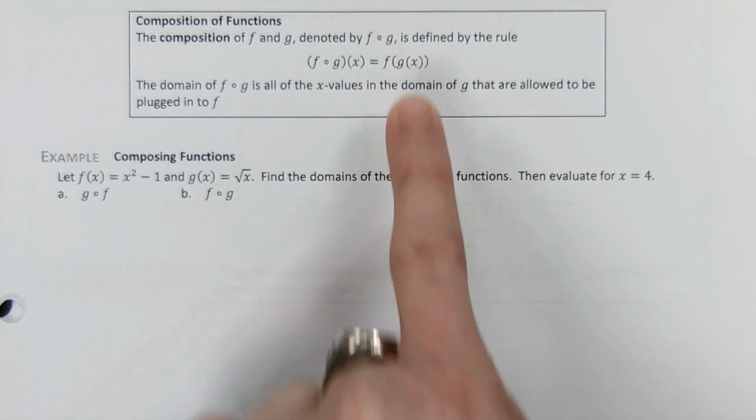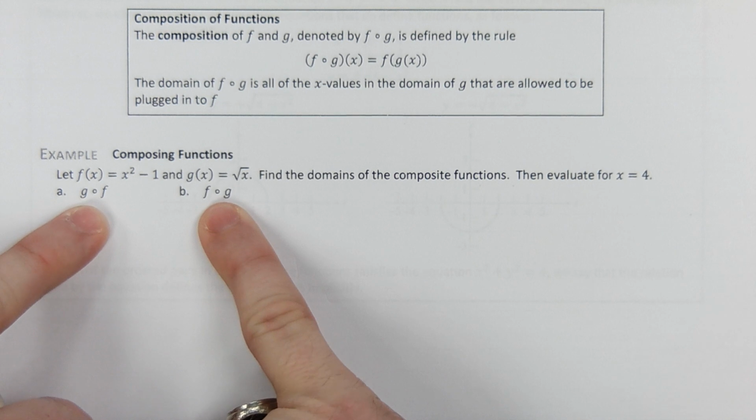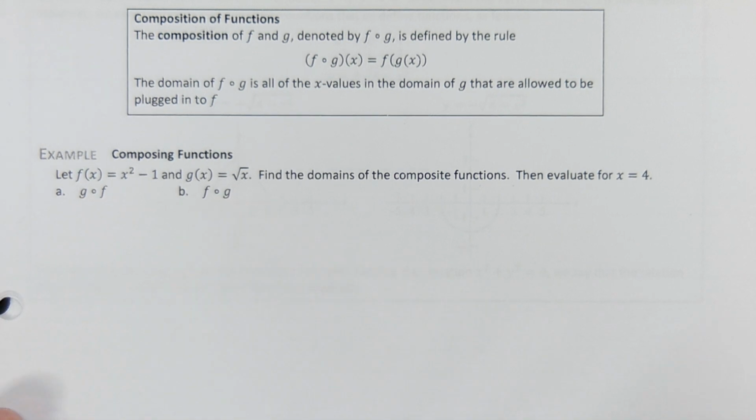And because of that, I purposely did this example with the little O. Order matters. Okay? Domains cannot get larger. They can stay the same, or they can become more restrictive, but they can never become larger.